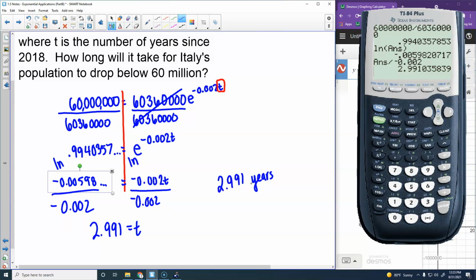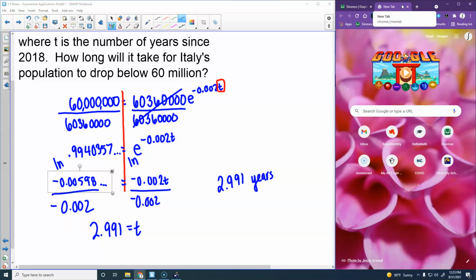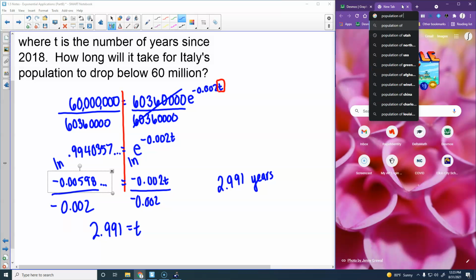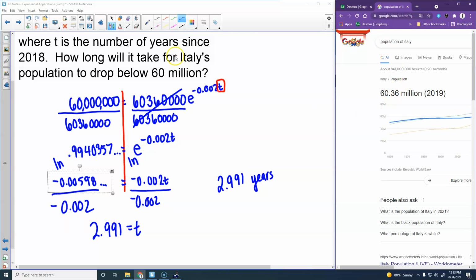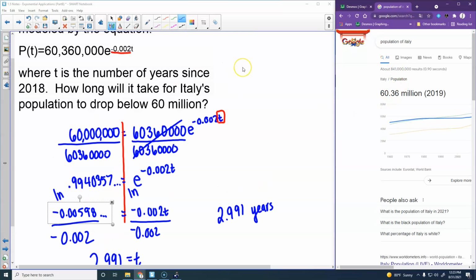So if everything stayed like it was, the population would be below 60 million in 2.991 years. Just give a quick Google, see what it's at. That's 2019. It's not.